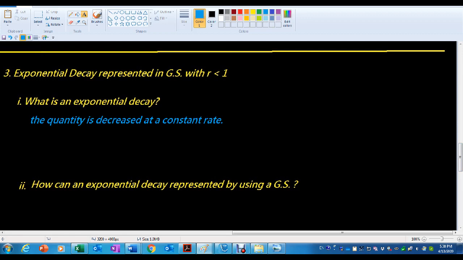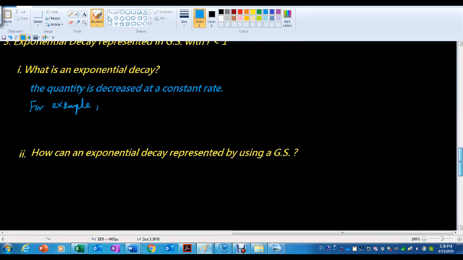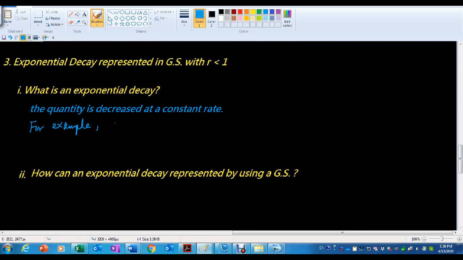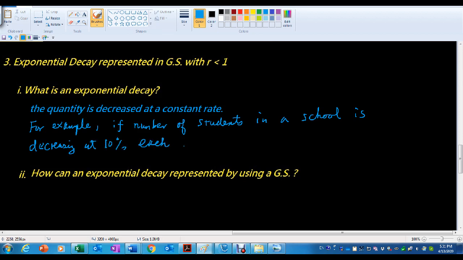So for example, if number of students in a school is decreased 10% each year, then the decay factor.